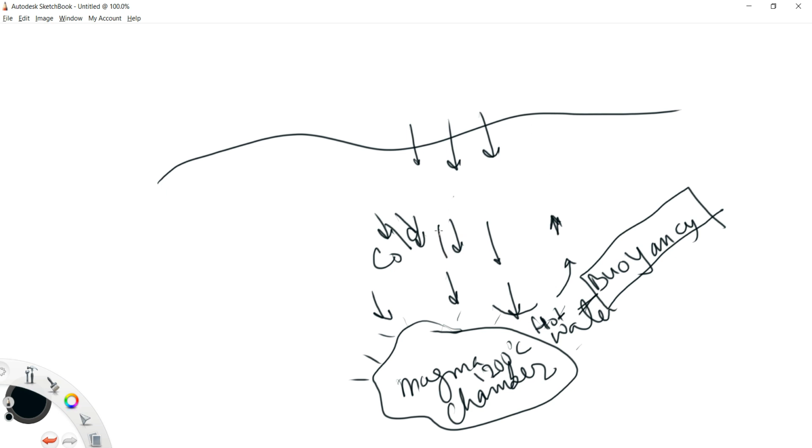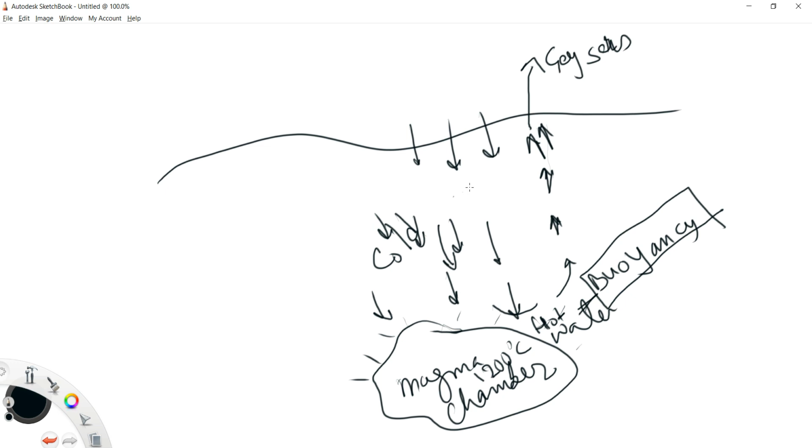The cool water keeps coming down, and the hot water keeps rising. As it rises, the volume of water will continue to increase, and a point will come where it will eject in the form of a geyser.